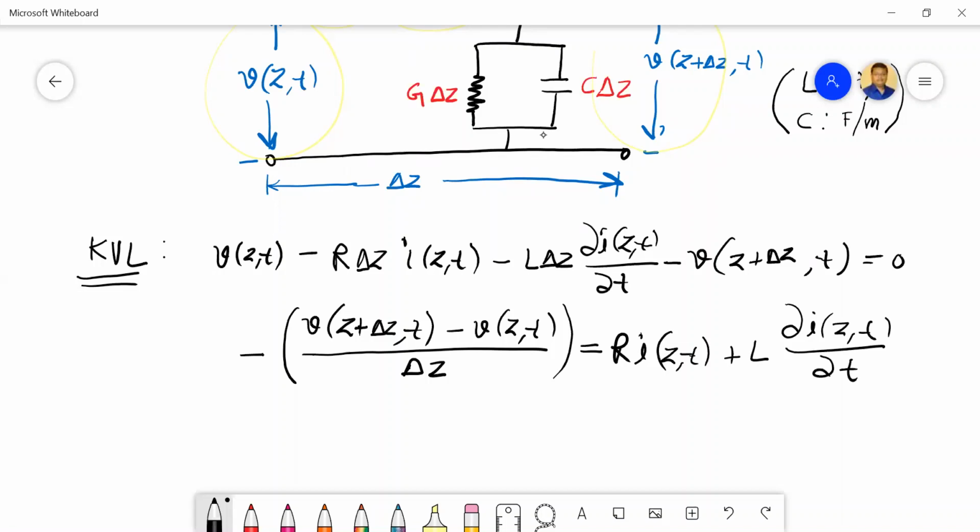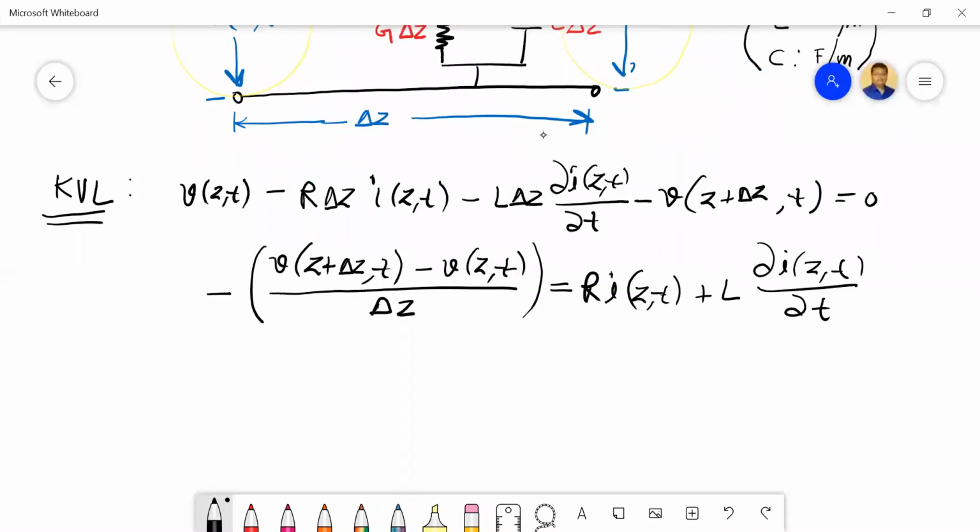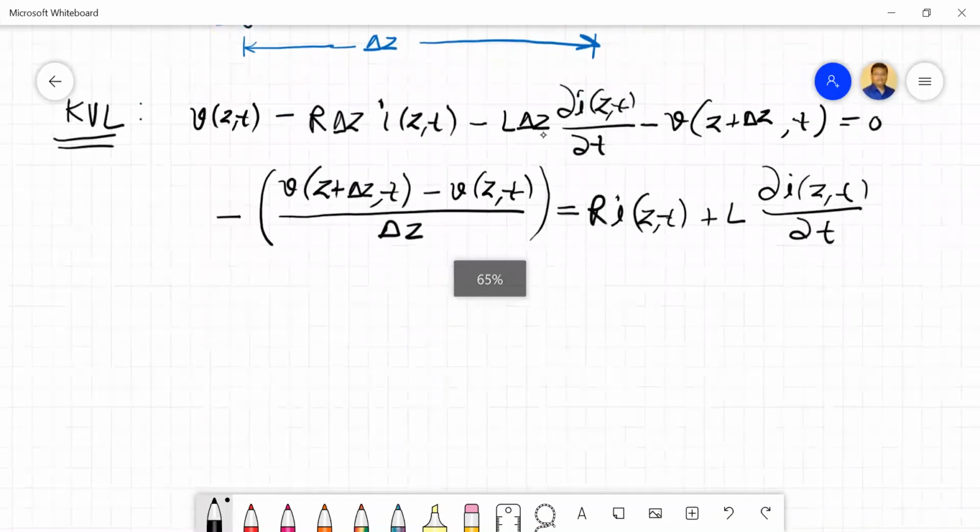Fine. Yes, we can do. There's no issue with this. So now the thing is, if you see this equation carefully, we can convert the left hand side into partial differentiation, and this is what the definition is actually.